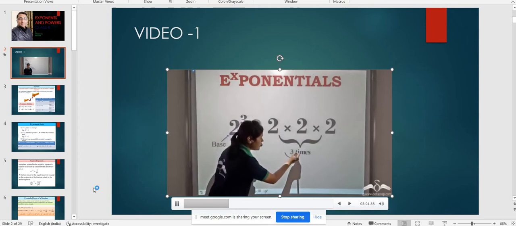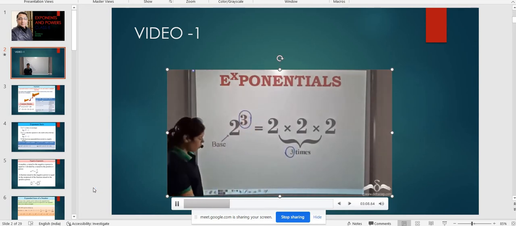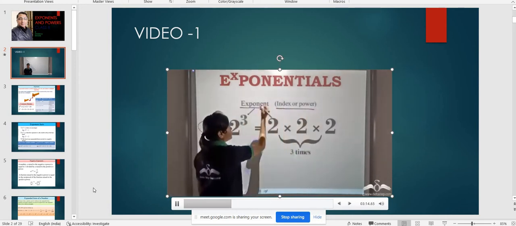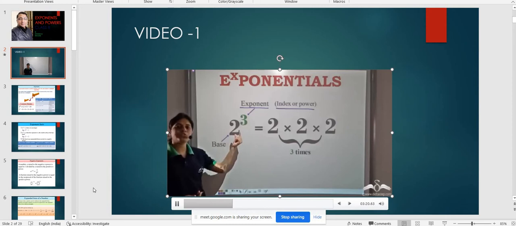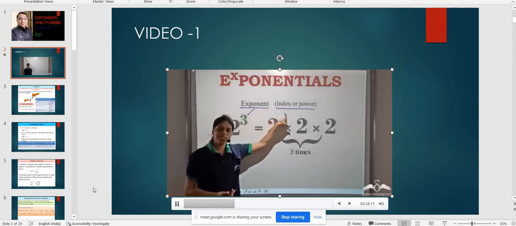So this 3 is called the exponent or the index or power. So 2, that is the number which is being multiplied, is called the base, and the number of times it is being multiplied is called the exponent, index or power.